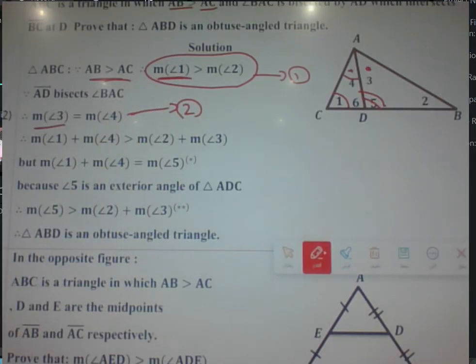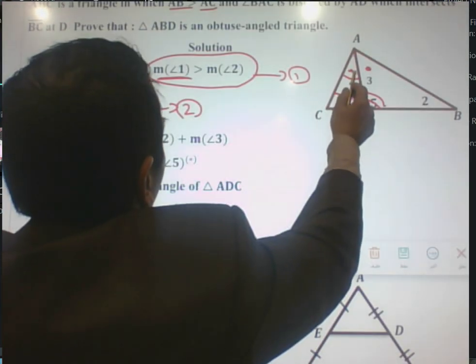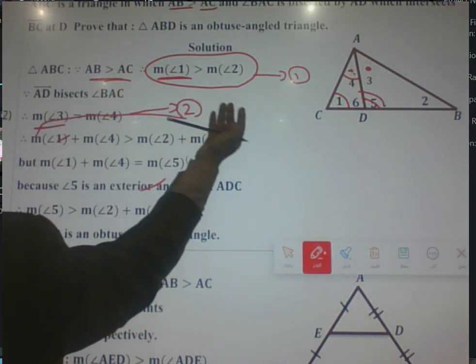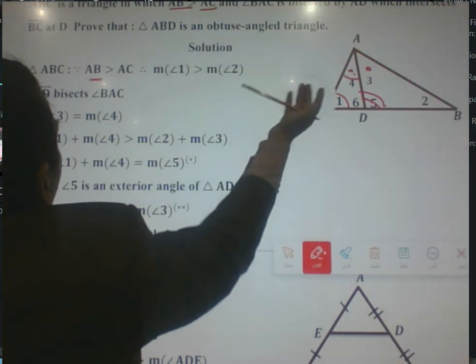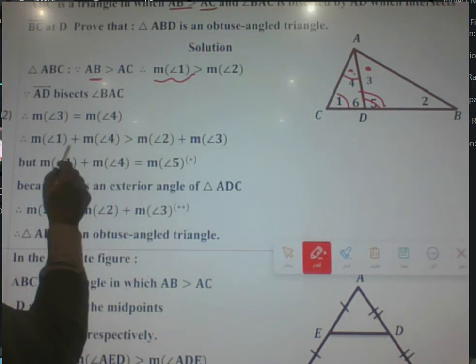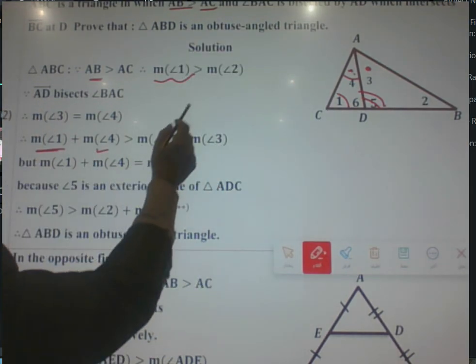The measure of angle 1 plus the measure of angle 4. We can add the measure of angle 4 to this relation, and the measure of angle 3 to the measure of angle 2.